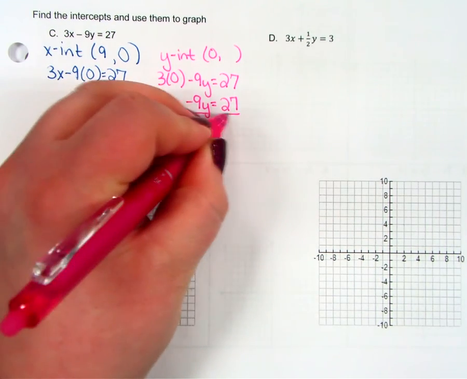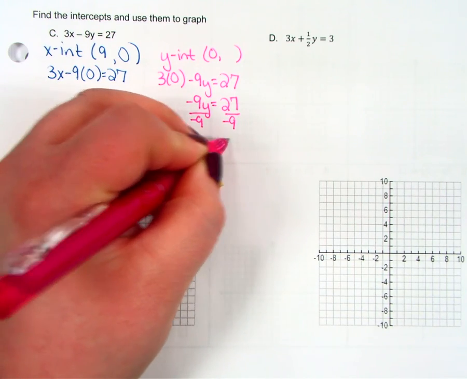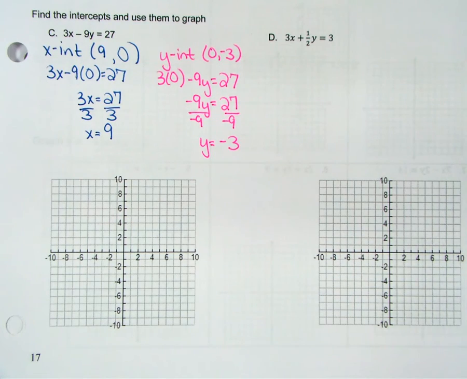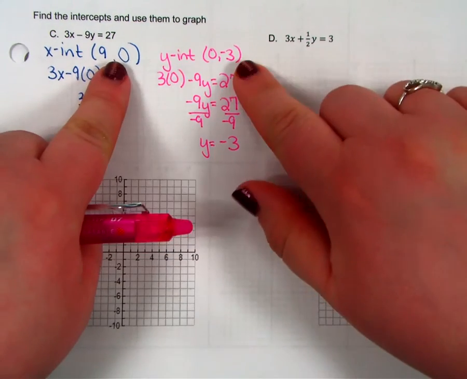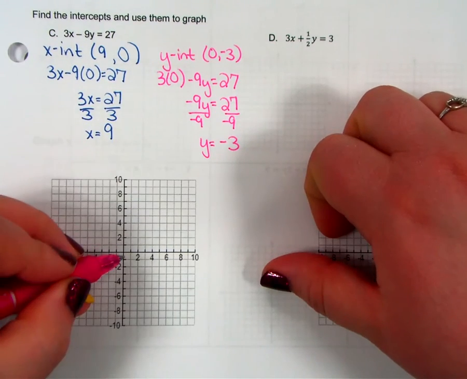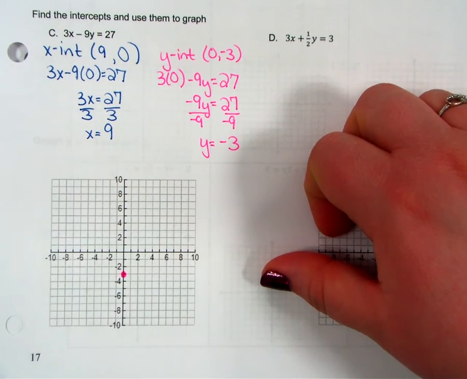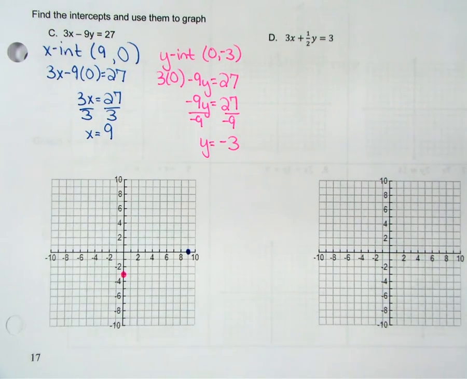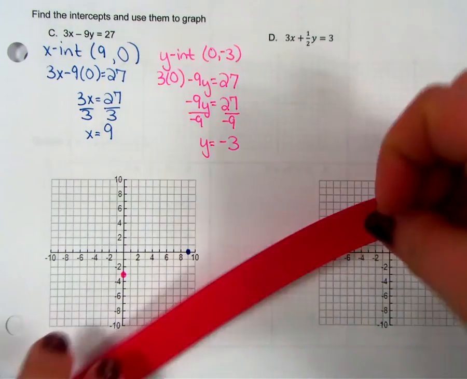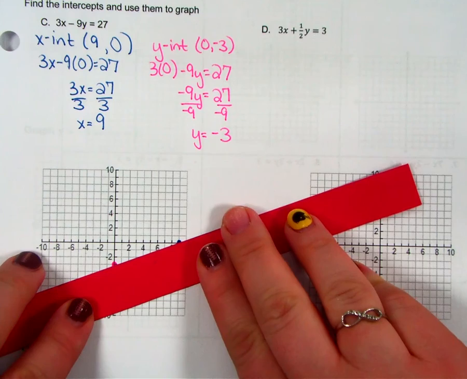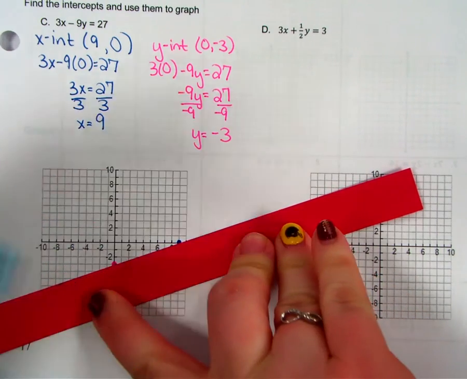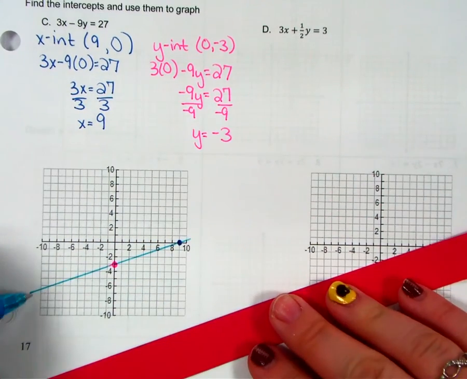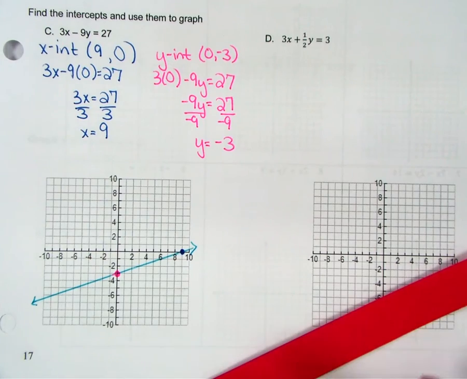Divide by negative 9 on both sides. And that gives me negative 3. So my y-intercept is at 0, negative 3. Those 2 points are the ones I'm going to use to plot: 0, negative 3, and my x-intercept at 9, 0. Use a straight edge to graph, all the way across the graph, ending in arrows.